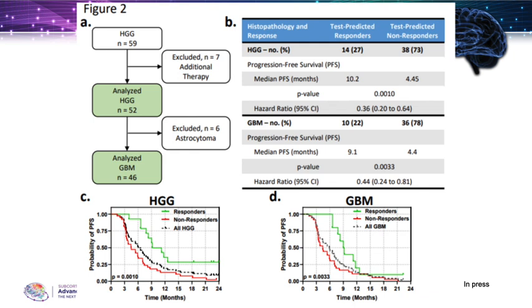But we know clinically that MGMT status is not 100%, and up to 50% of patients are not responding to temozolomide. Looking at progression-free survival for both the IDH mutants and the IDH wild types, it seems that if you are predicted by this test to be a responder to temozolomide, you have significantly increased progression-free survival.